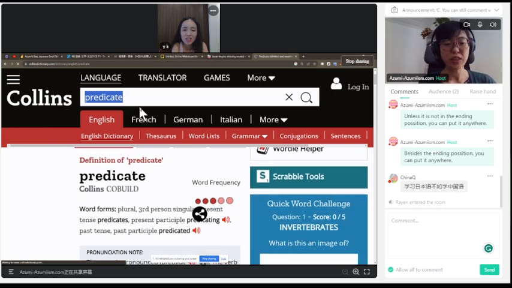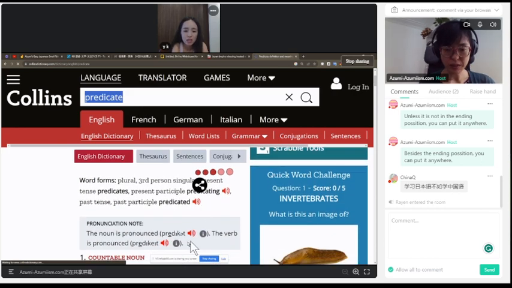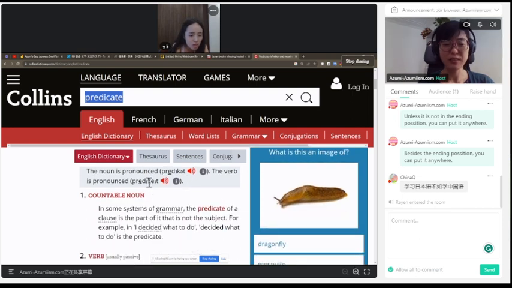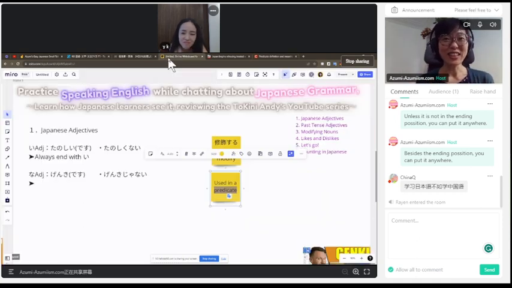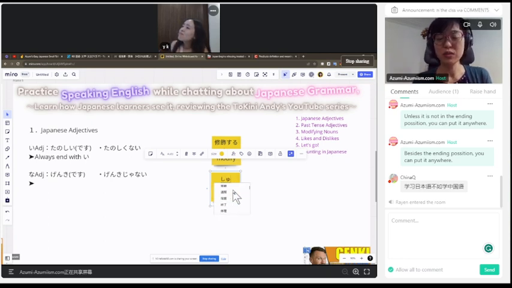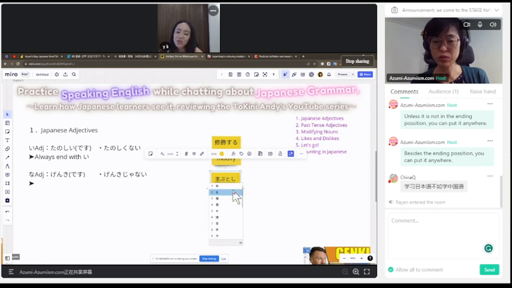Okay, the pronunciation is predicate. In some systems of grammar, the predicate of a clause is the part that is not the subject. プレディケットっていうのはサブジェクトじゃないパートですね。つまり、日本語で言うと述部です。主部と述部。I have already done this vocabulary, but I forgot.